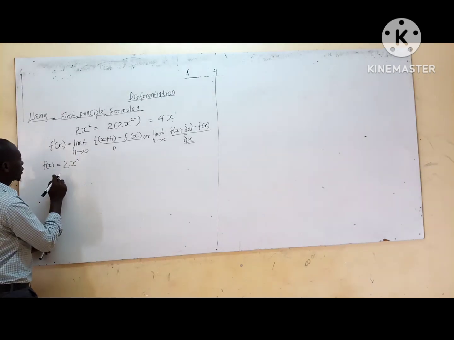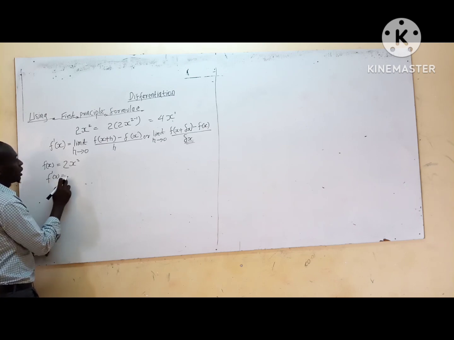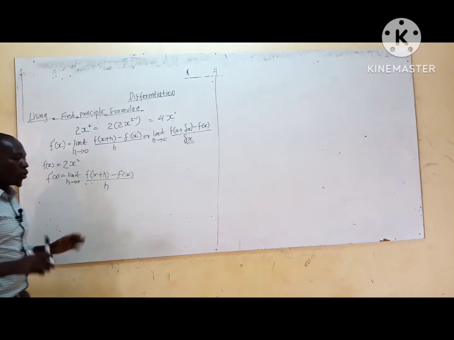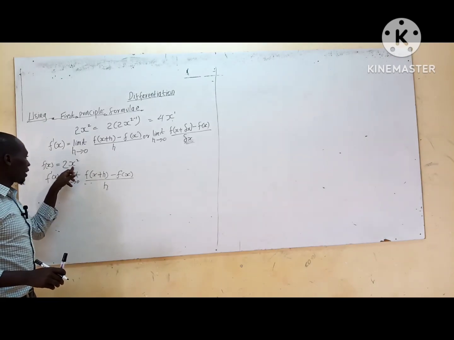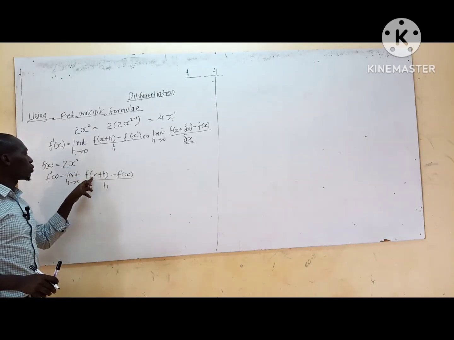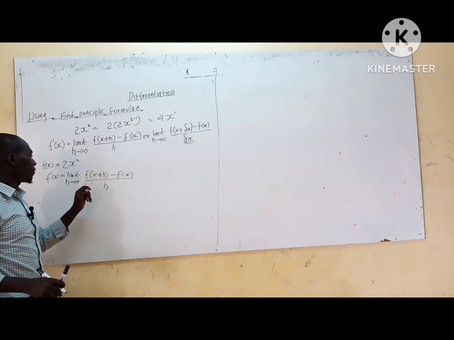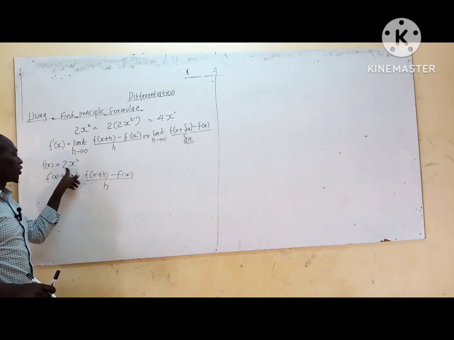So let us come to the formula, whereby we understand that the derivative of a function f(x) is equal to the limit. What you need to understand here is that where we have x, we are going to replace it with x plus h, and then the function f(x) is what we have here.